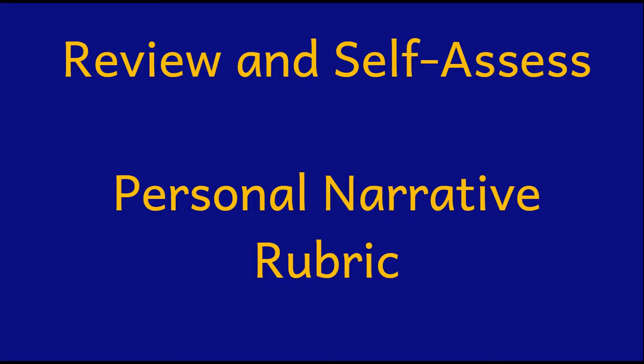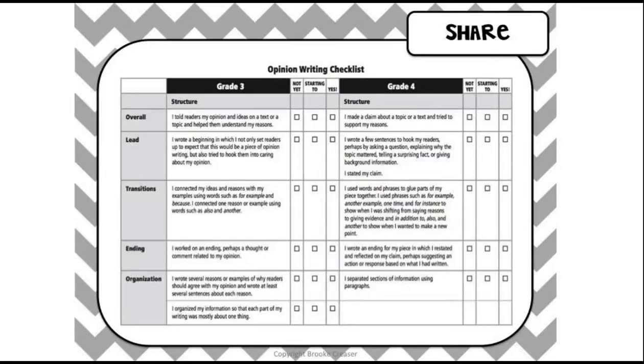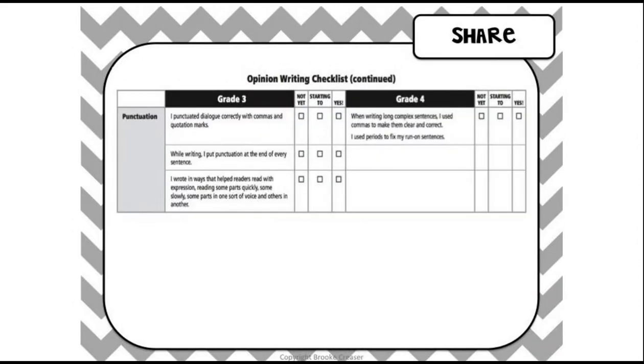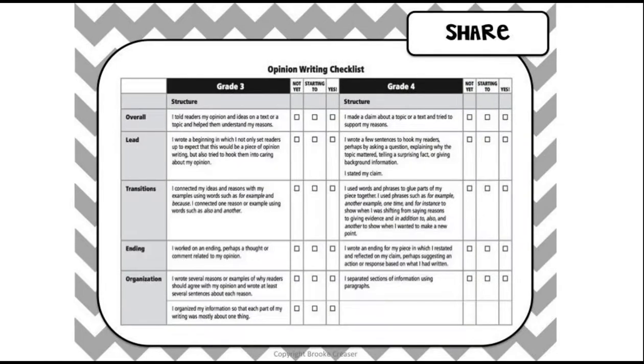And of course, there's review and self-assess personal narrative rubric. Right over here, it says all these. Even though I'm in grade 4, our teacher still gives us grade 4 things, but I like to do grade 5 things because I think they're a little complicated and you need to think about things like all the writing checklists.